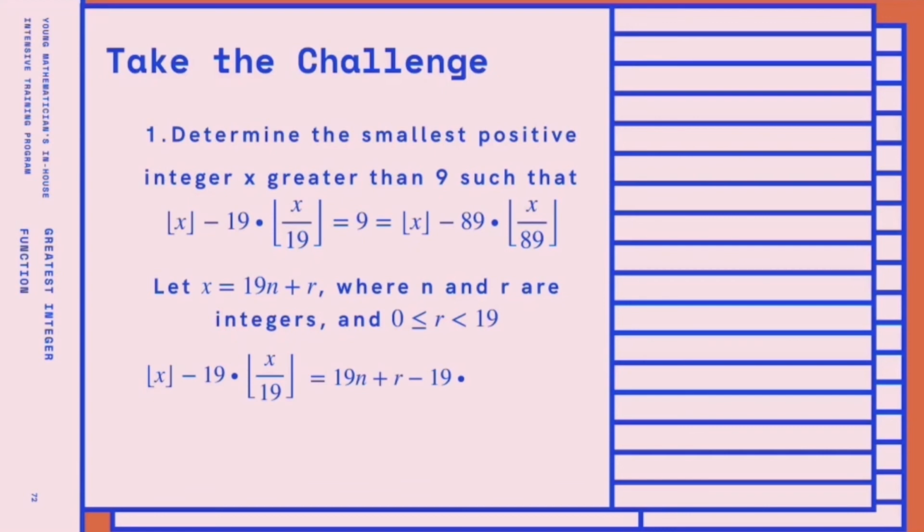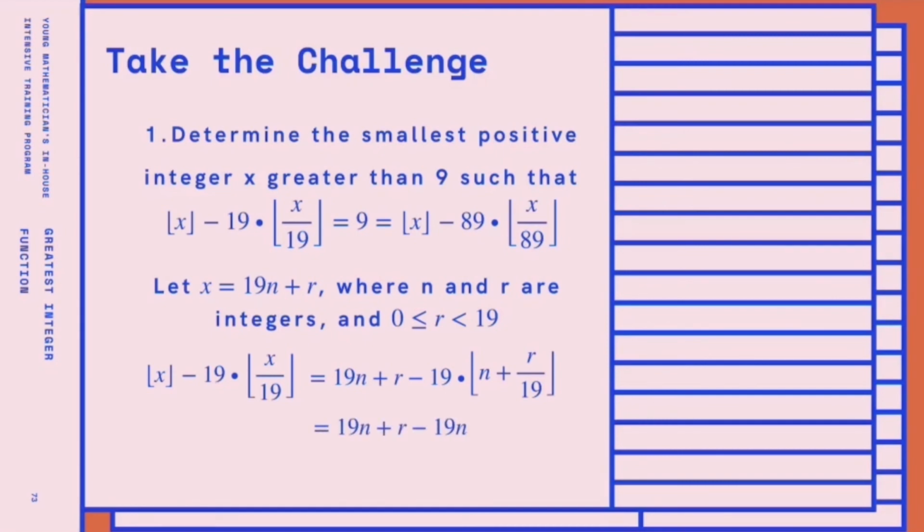Minus 19 times the GIF of x over 19, which is just 19n plus r over 19. Notice that 19n plus r over 19, we can rewrite this as n plus r over 19. And since r is greater than or equal to 0 but less than 19, the greatest integer function of n plus r over 19, which is now a fraction, is just equal to n.